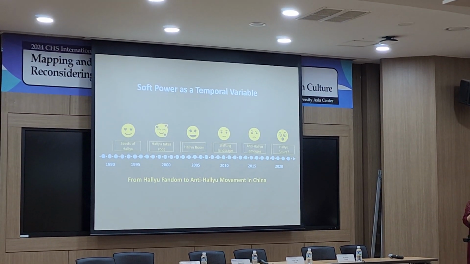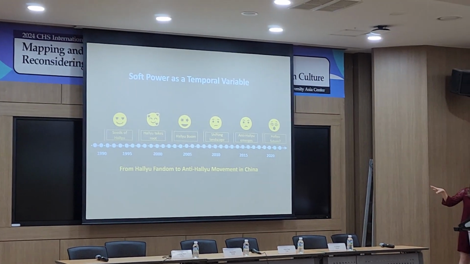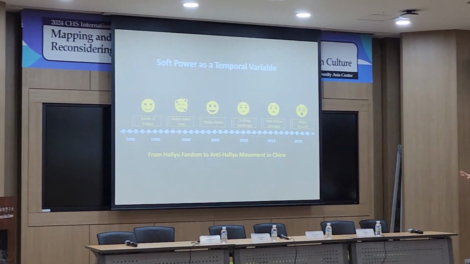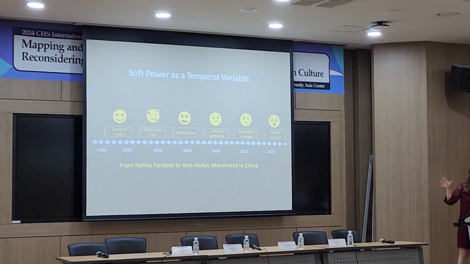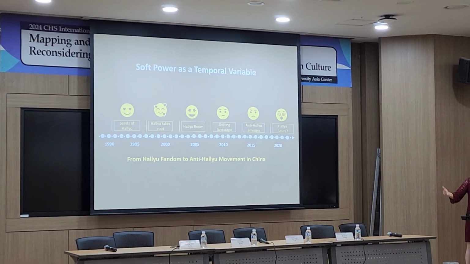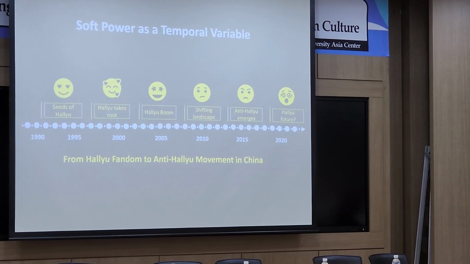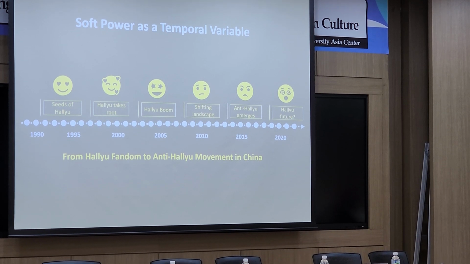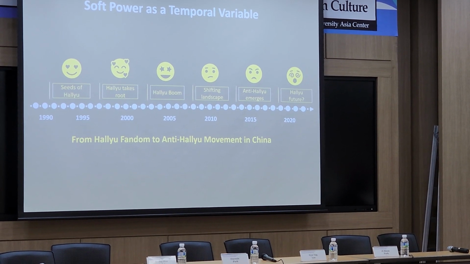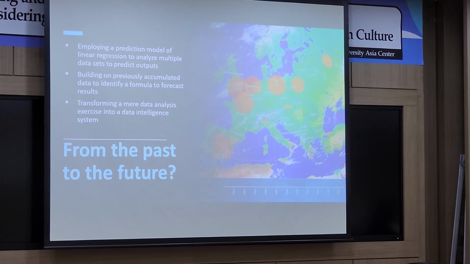So for example, here I try to map in a very draft and very symbolic way the anti-Hallyu movement in China, right, that emerged around 2015 to 2016, and we all know that the political contacts and the political relationship between China and South Korea caused this anti-Hallyu sentiment in the society, and that exists until right now, and that really reduced the scope, especially in terms of all the experts, who started to gain some limitations in the Chinese context.